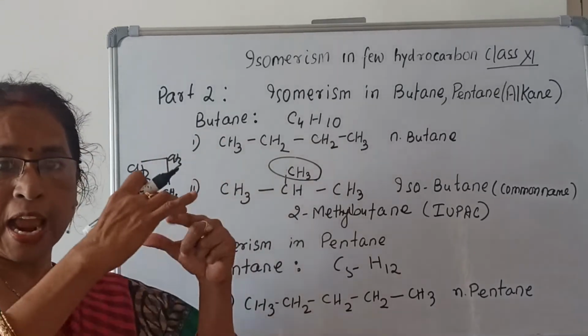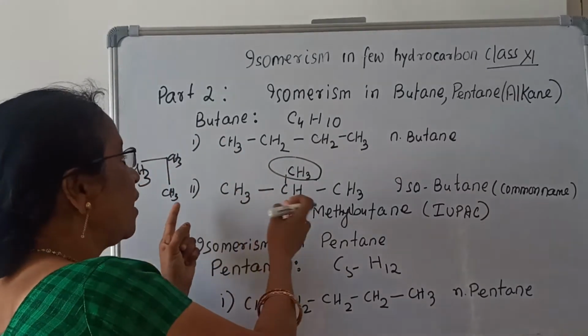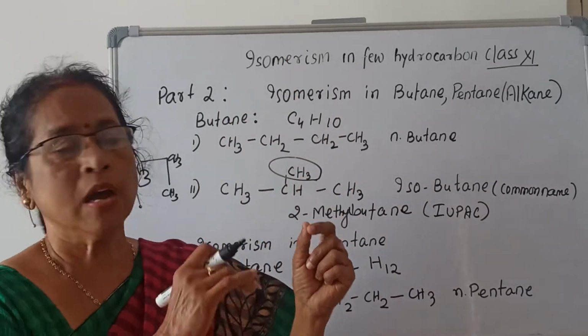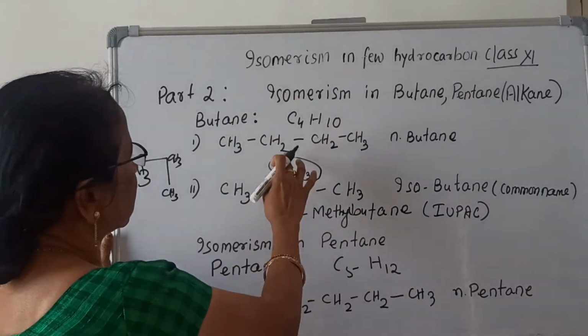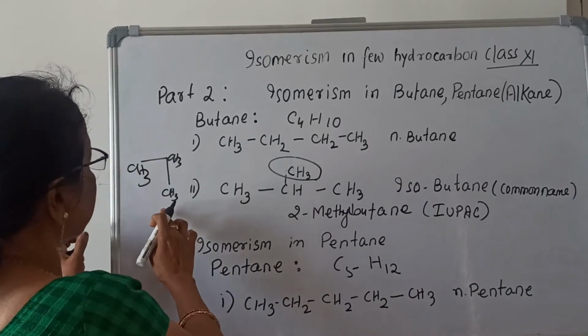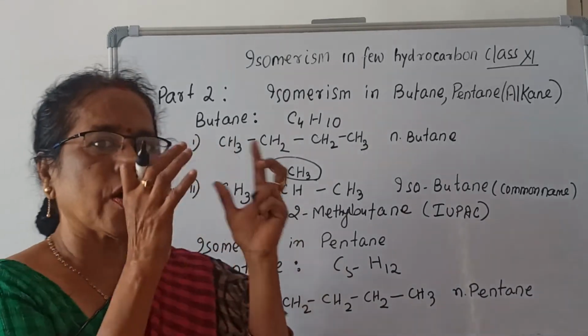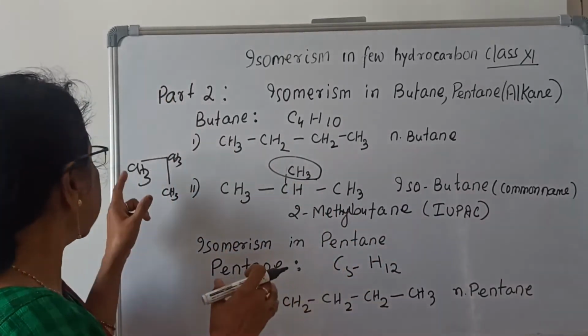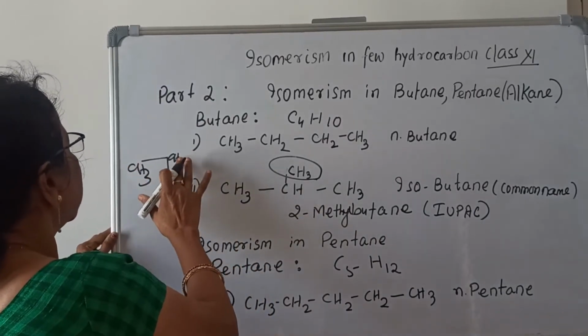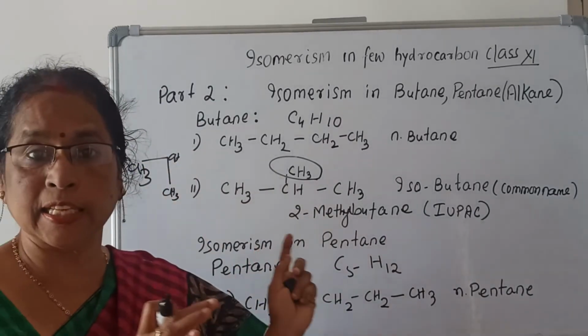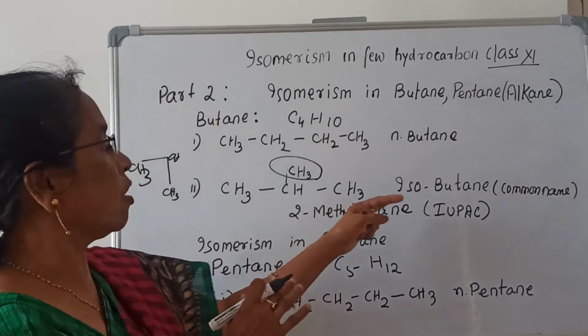The connection can be on this side or that side, or in L form, anywhere. The branch will be like this: CH3, CH3, CH3, the connection is like that, and then it is called iso.